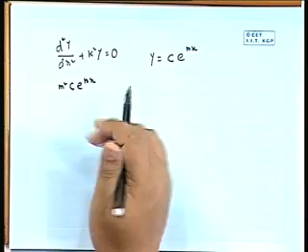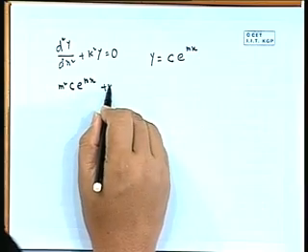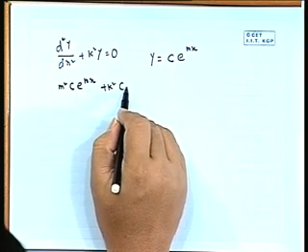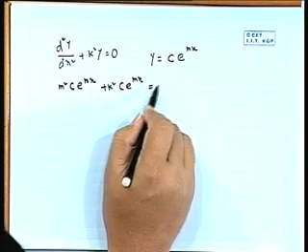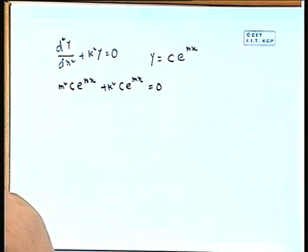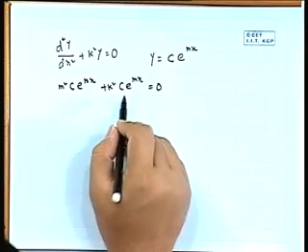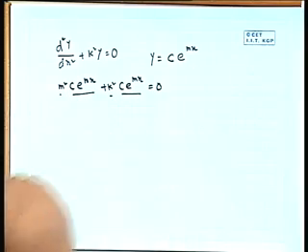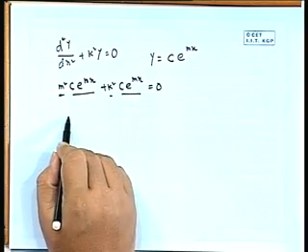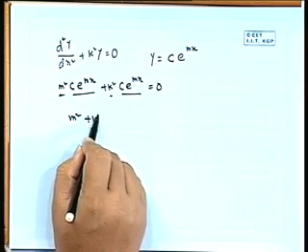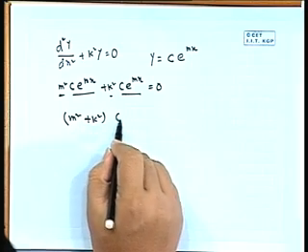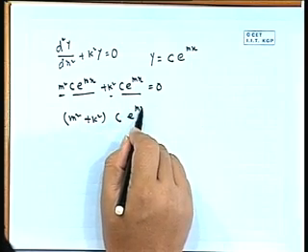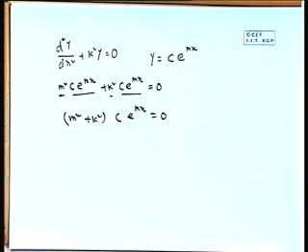It will be basically m square plus k square times c e to the power mx, right. So this is the part that it is multiplied with. After taking the derivative m square is coming, or we can say m square plus k square, c e to the power mx, that is equal to 0.